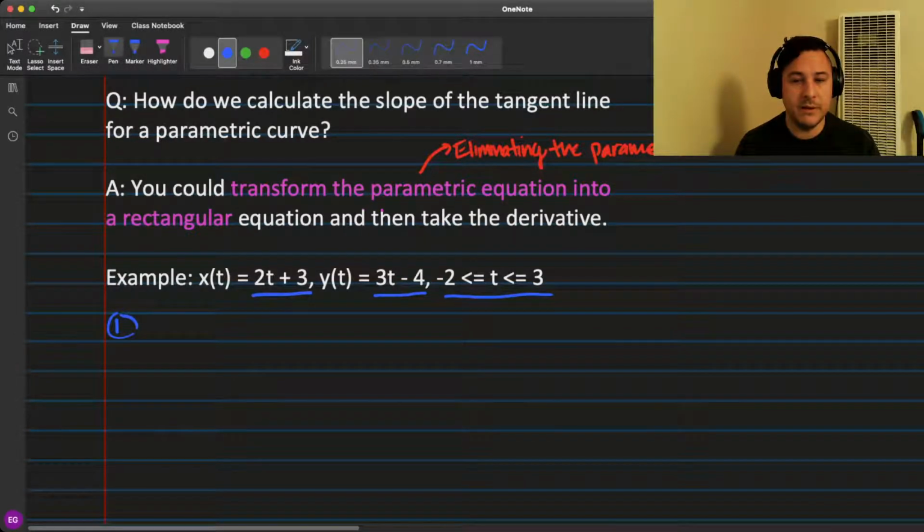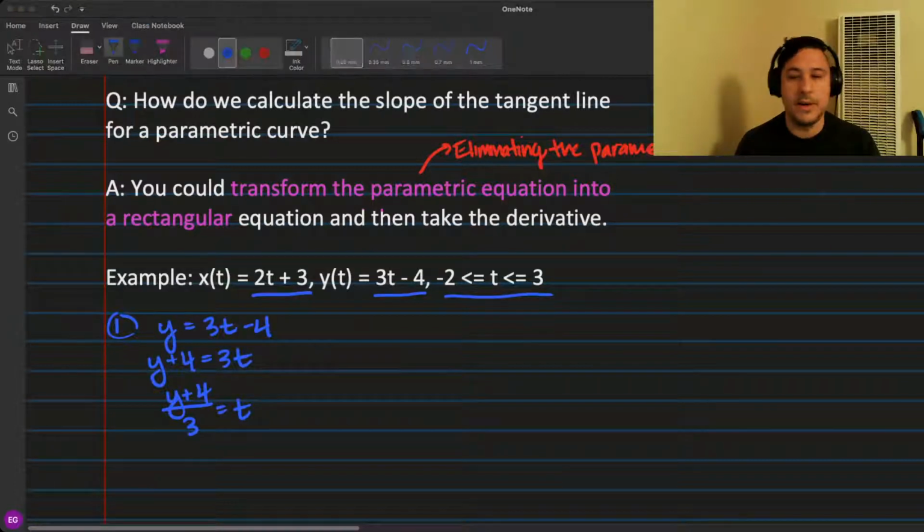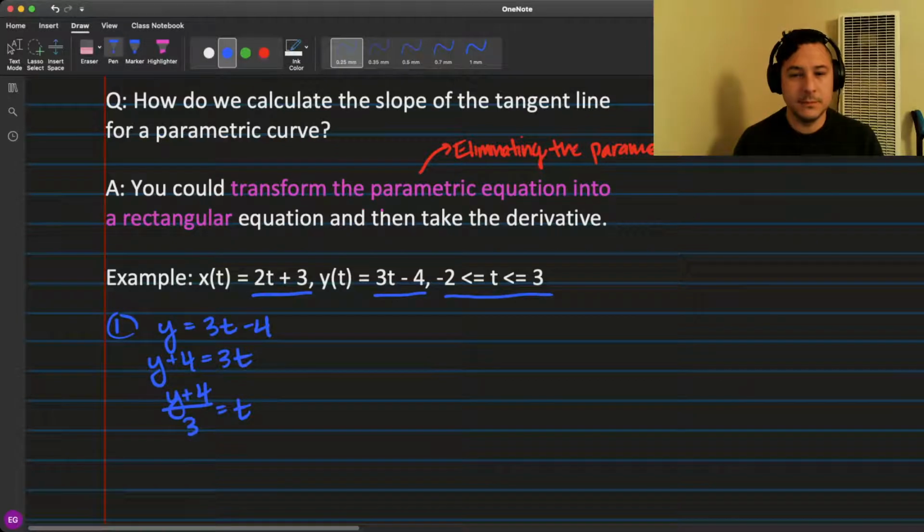So let's do that for y. We have y equals 3t minus 4. So we'll get y plus 4 equals 3t, which means we get (y plus 4) over 3 equals t. Cool. Now what do we do? Yes, substitute it into the other equation.